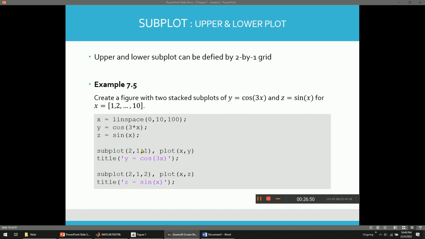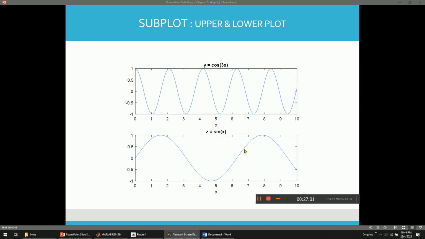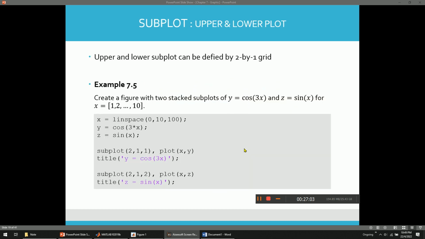The only change is the position. This is position 1, this is position 2. I will show you the position later, the slide will show you how the position works. No need to worry. Just add subplot before you use the plot function.